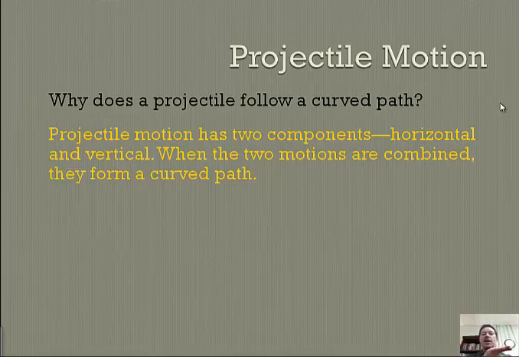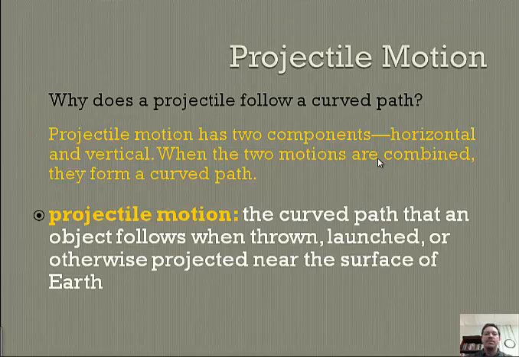We've got a horizontal component and a vertical component. And when these two motions are combined, they form this curved path. To define projectile motion, the curved path that an object follows when thrown, launched, or otherwise projected near the surface of Earth is what we call projectile motion.